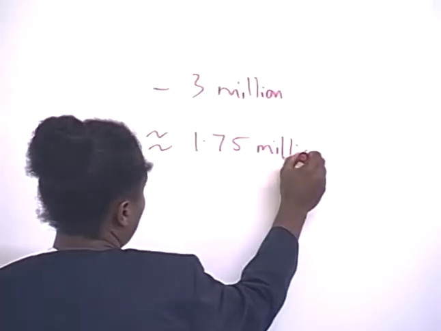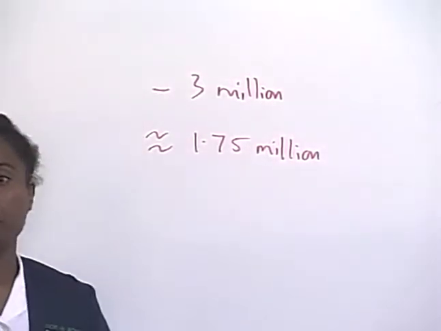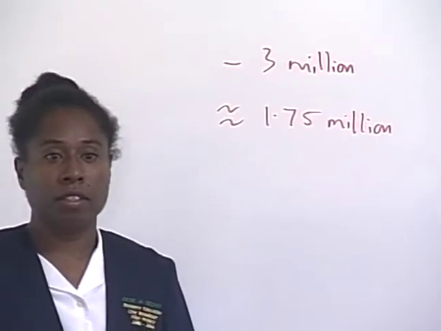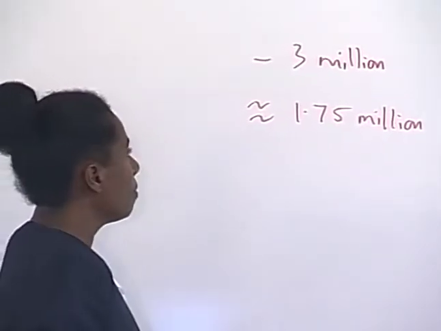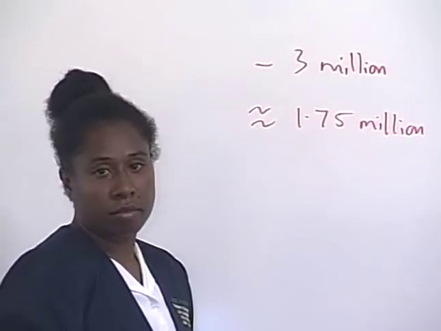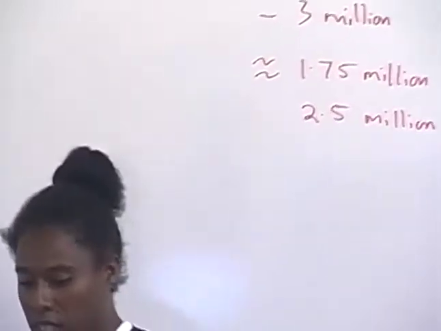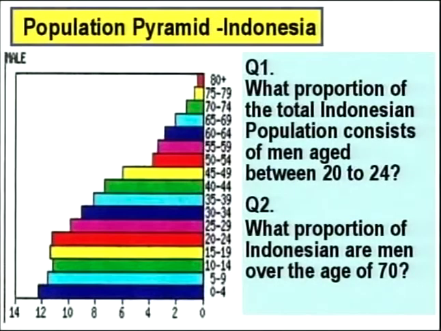Approximately 1.75 million. Okay, here's another alternative. Mason? $2.5 million. Okay, let's double check this one together and see which of those is the closest for us to come up with an answer.